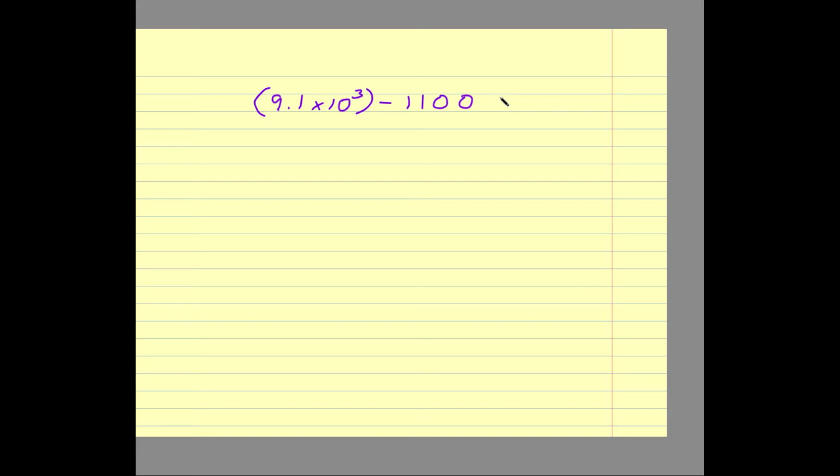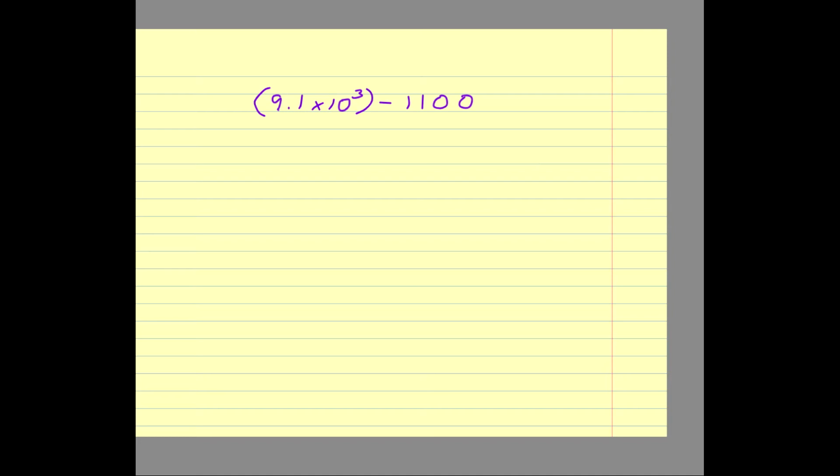Okay, let's do that. Now, first of all, you can simply work this out and subtract 1,100 and have the answer. So that is one way that you can do it, an easy way. Let's do it that way first.